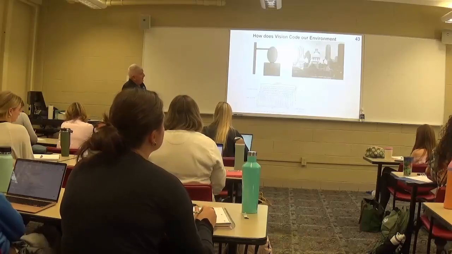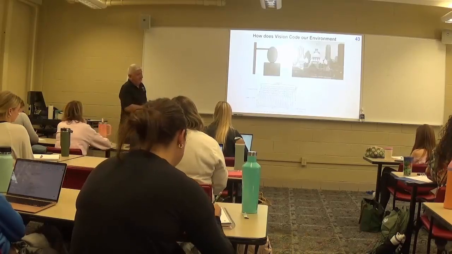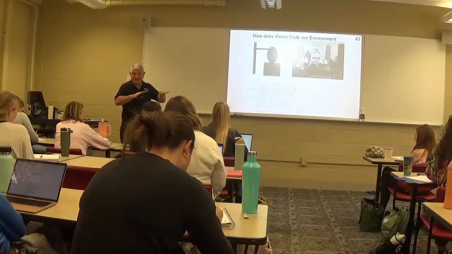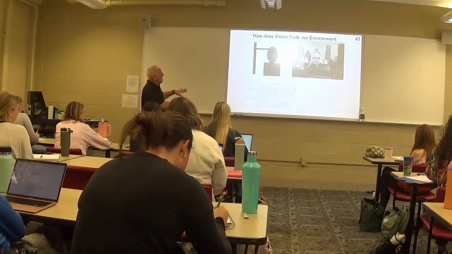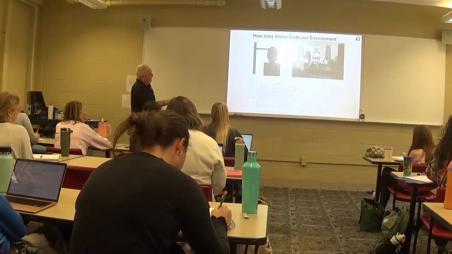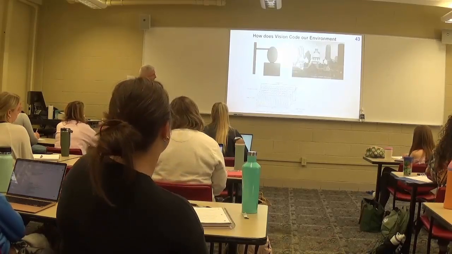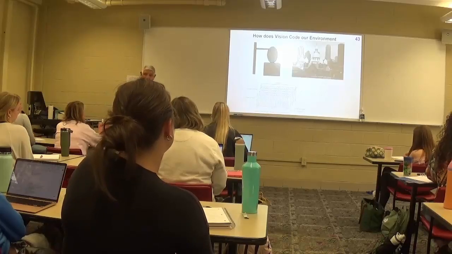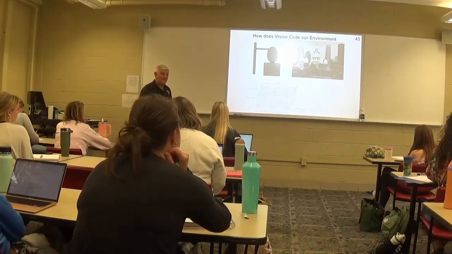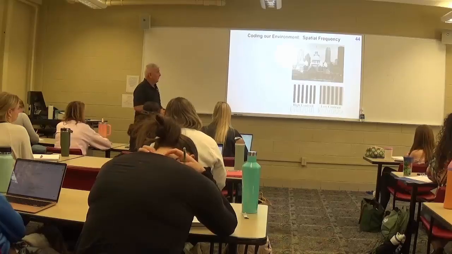Right? So we can think about this in terms of, okay, let's look. Notice I took color out of the picture. We're trying to keep this simple, right? But we have vertical lines, horizontal lines, right? Curves. We have light areas and dark areas. And so intensity gets brought into this, right?